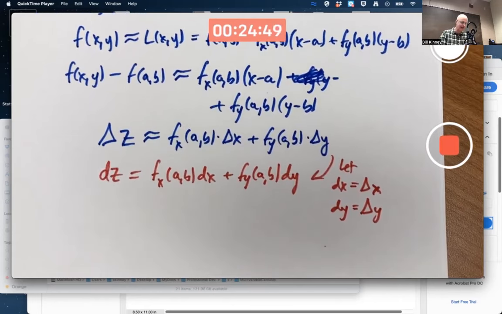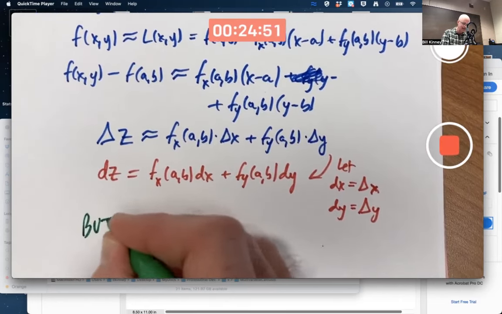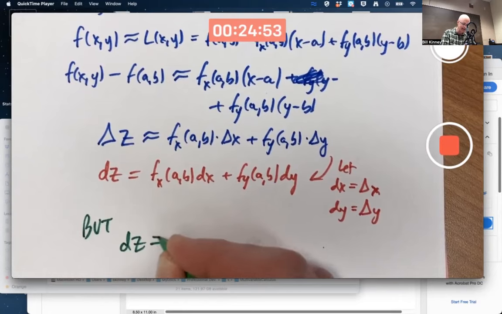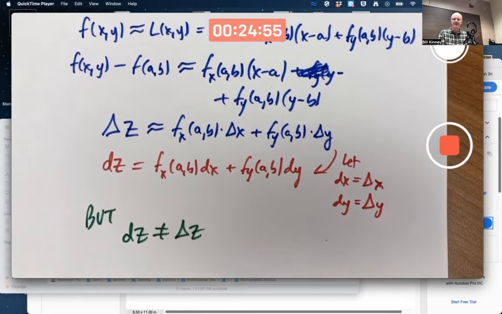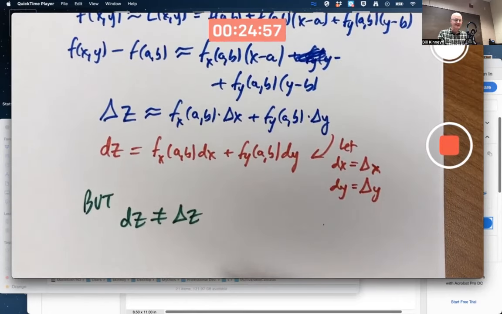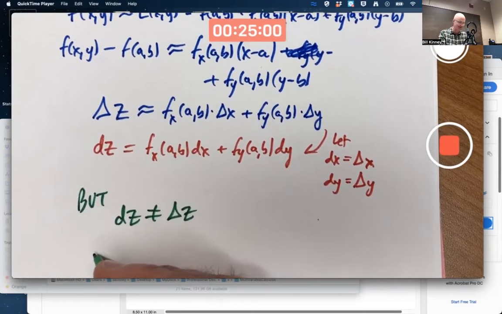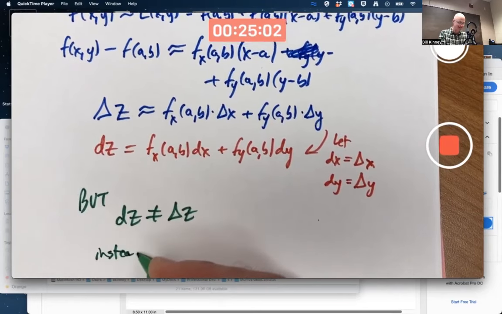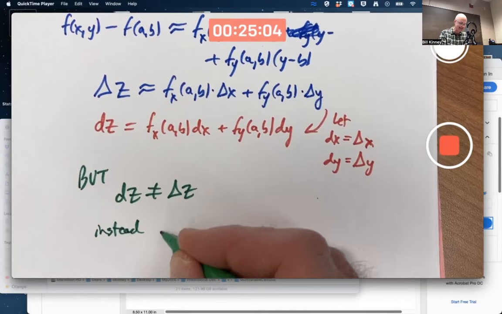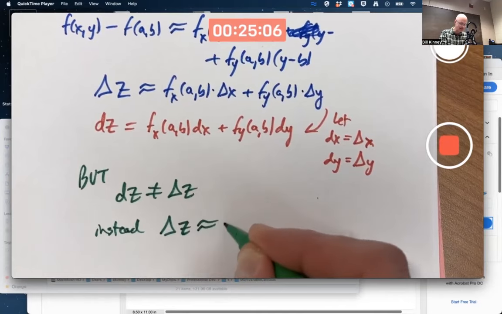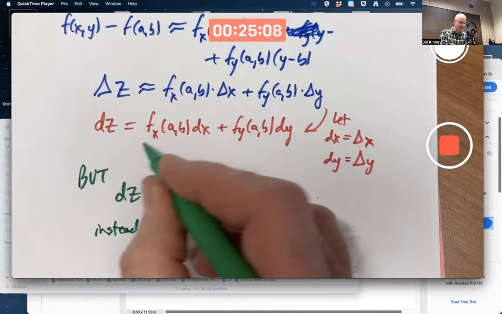That's maybe worth emphasizing. dz is not delta z. Instead, they're approximately equal. And maybe a better way to say that is delta z is approximately dz, where dz is defined by this equation.